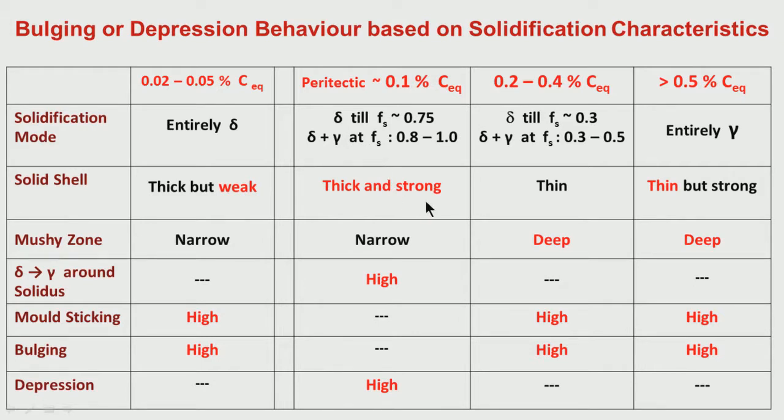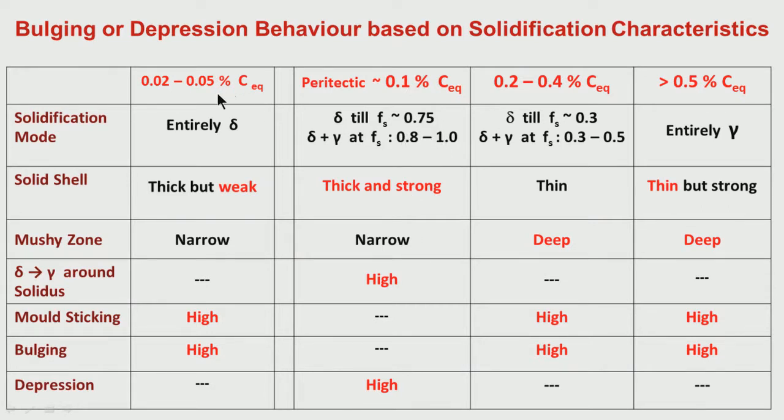So, it can withstand sticking and bulging, that is why the sticking and bulging tendency is not there at all, but it has the reverse, the other type of solidification characteristics. That means it will have depression because of high shrinkage. Shrinkage strain is quite high because this delta to gamma is taking place entirely in this brittle temperature region.